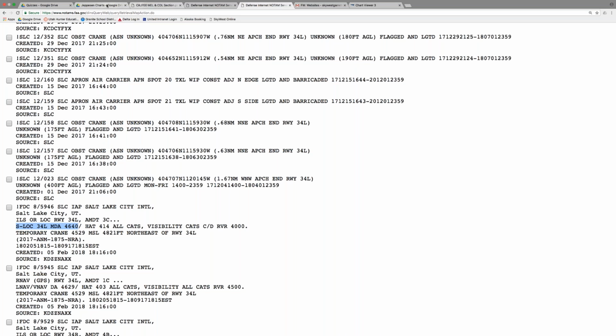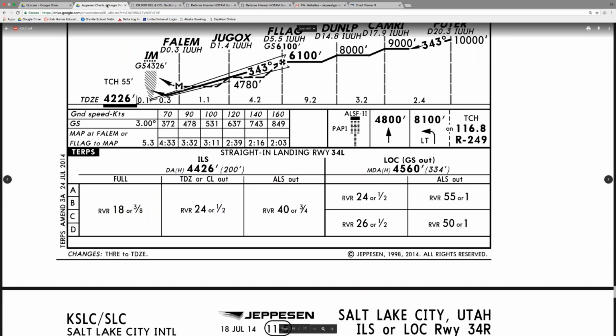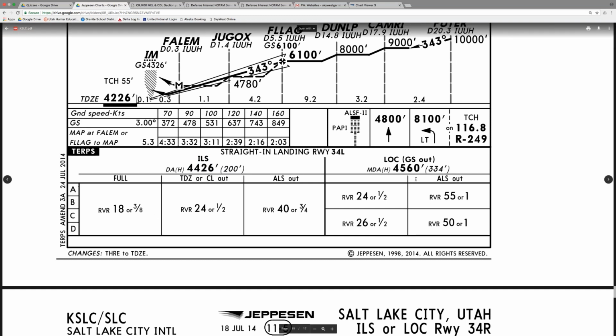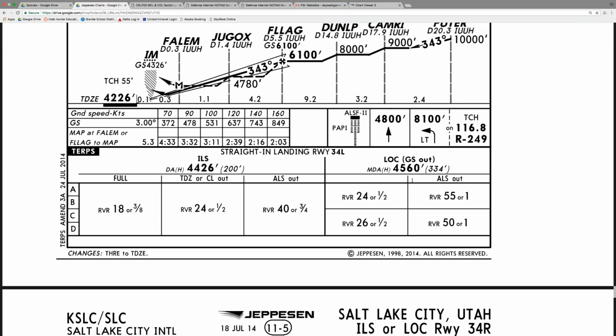Yeah, so I don't know why they're doing it, but here's your ILS minimums, and you're right in your thinking of it. ILS is a lot more precise, so our minimums are always going to be the lowest on our ILS.